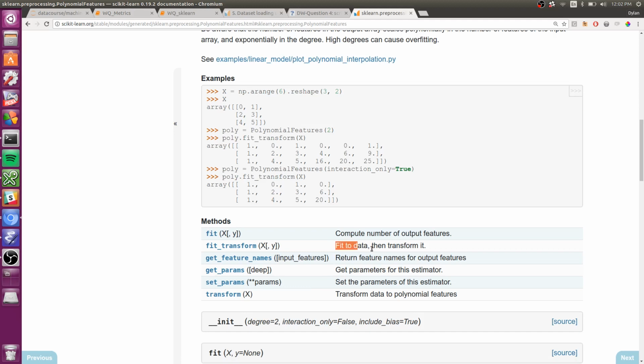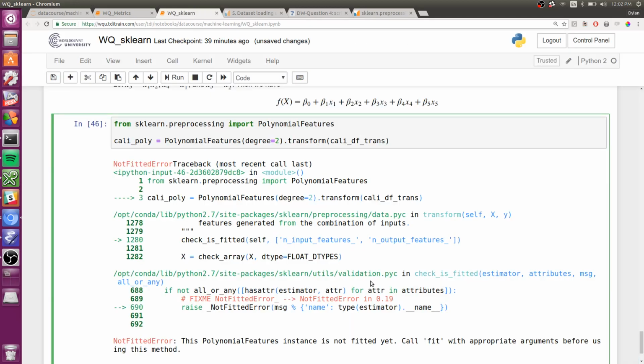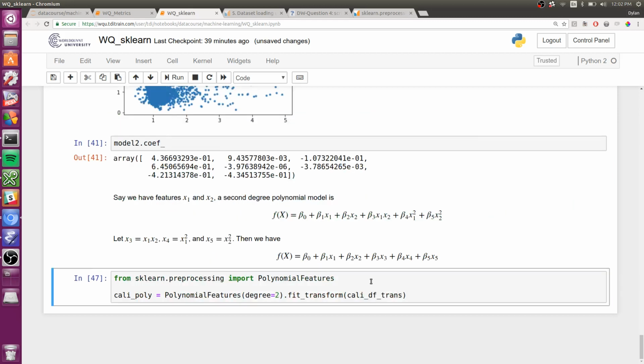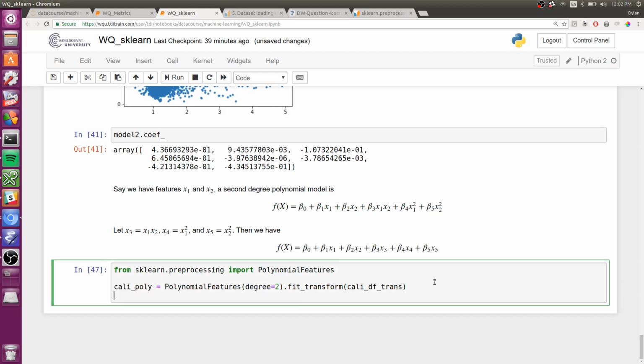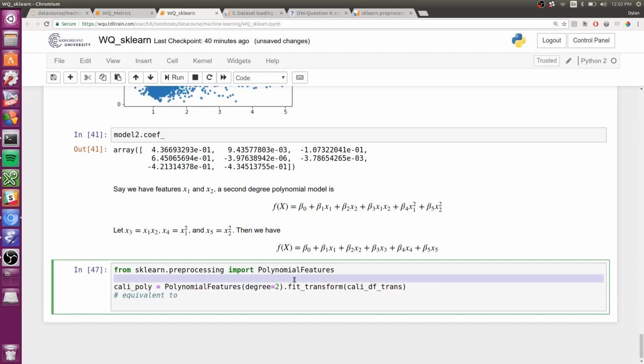what I will show now is the fit transform method, which does both the fitting and transformation in one step. So this is equivalent to if I had just chained the transform method onto the fit method.